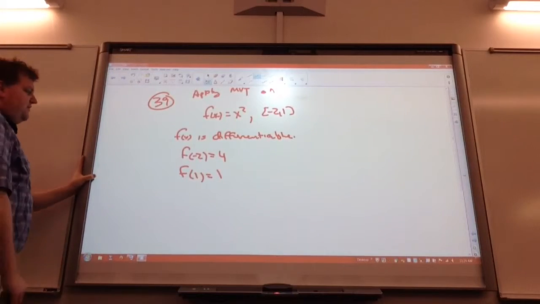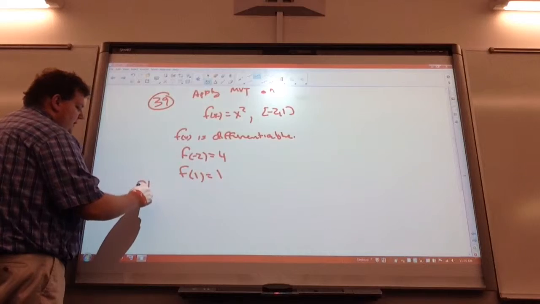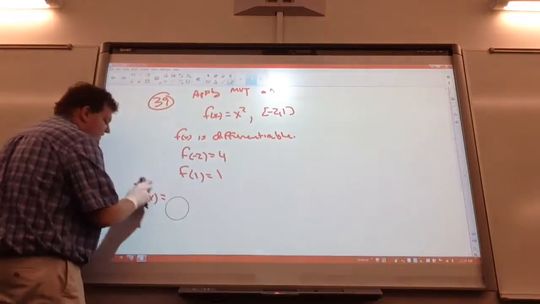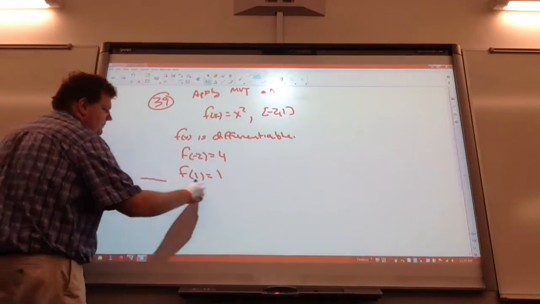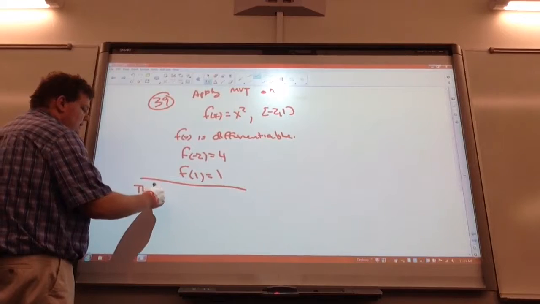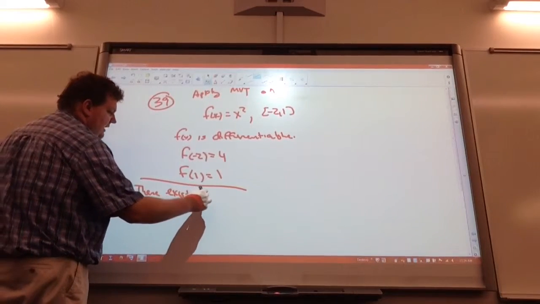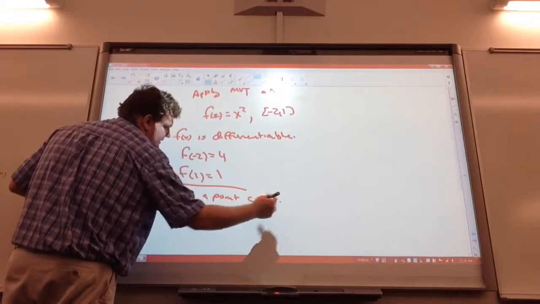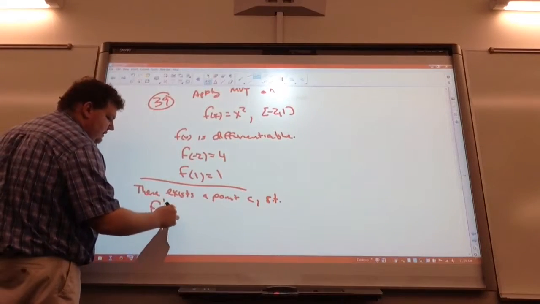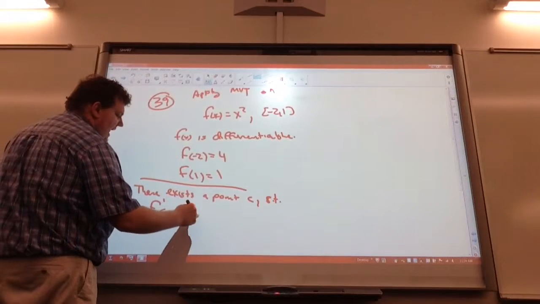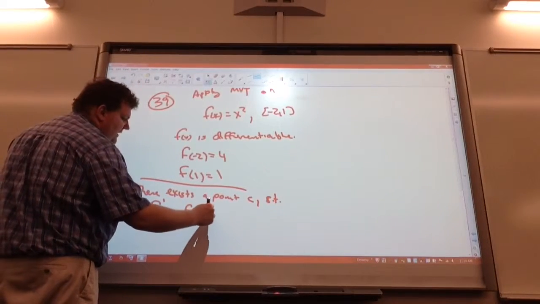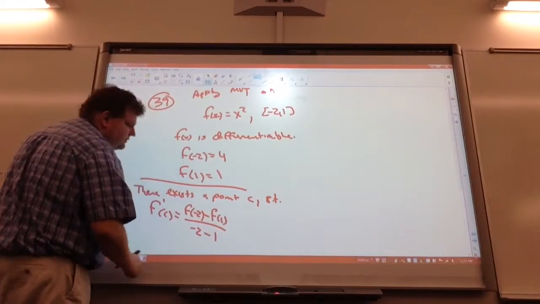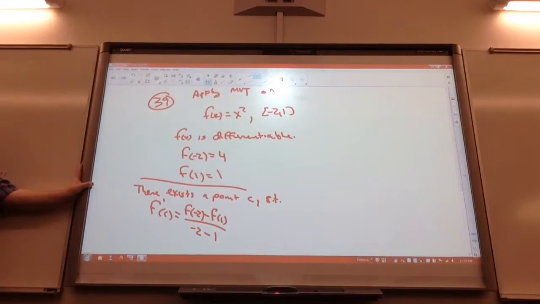The mean value theorem says there exists a point c such that f prime of c is equal to f of -2 minus f of 1 all over -2 minus 1, okay? That's what it says.